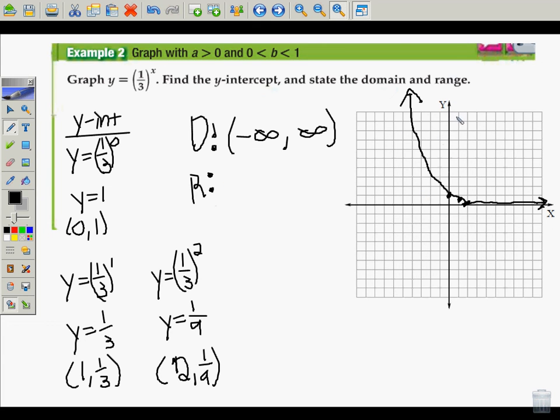So my range is still going to go from 0 up to infinity. Notice this is exactly the same as what we had in example 1. So we know now that growth and decay functions will always have the same domain and the same range. Domain will go from negative infinity to infinity, range will go from 0 to infinity.